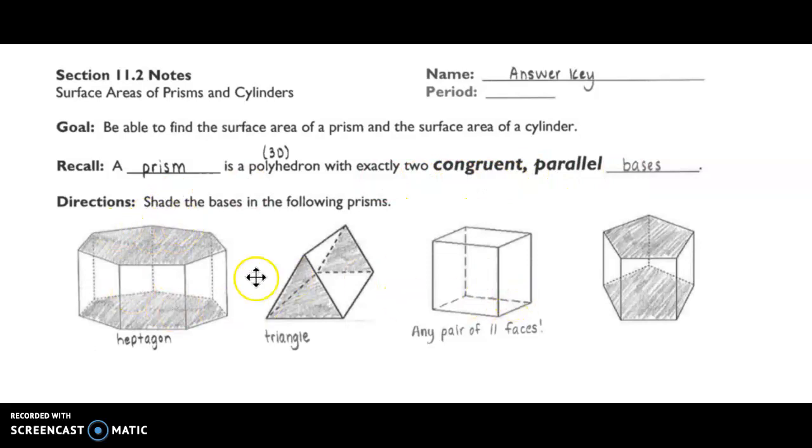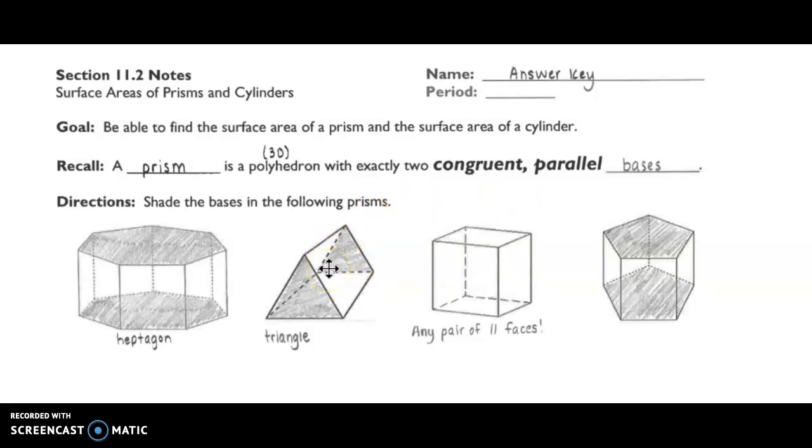And so look at these objects. Here it looks like we shaded in the bases, a heptagon, a seven-sided figure. This prism here, we drew in the triangles because those are the parallel bases.